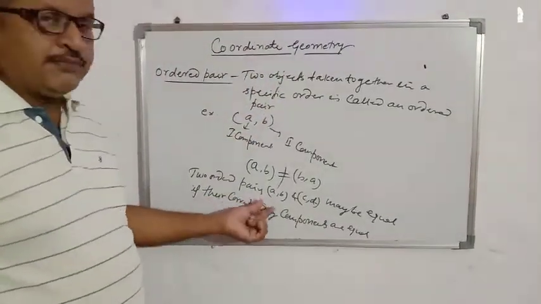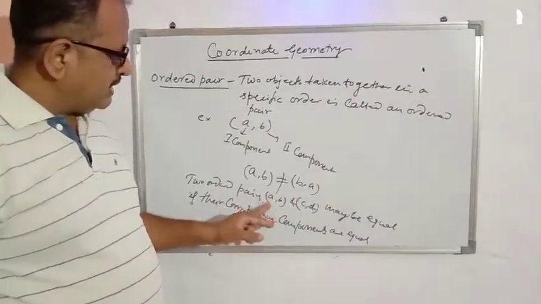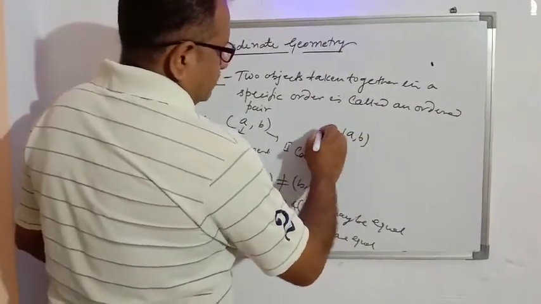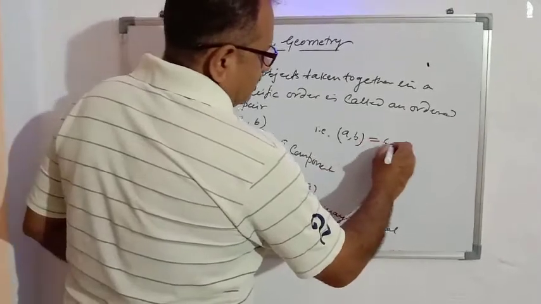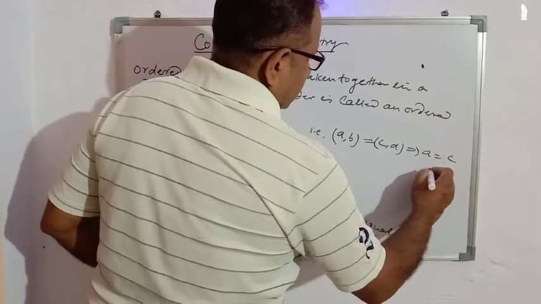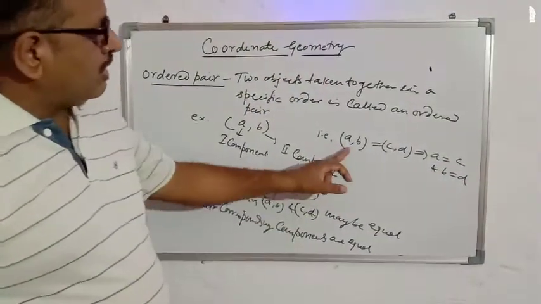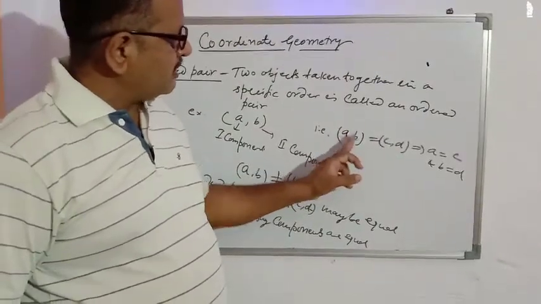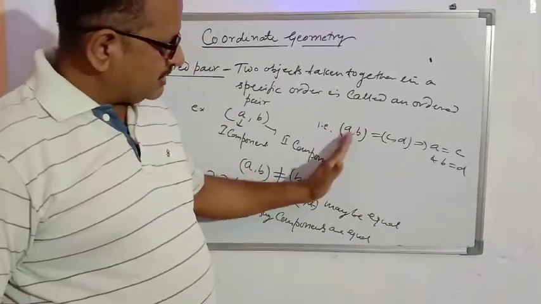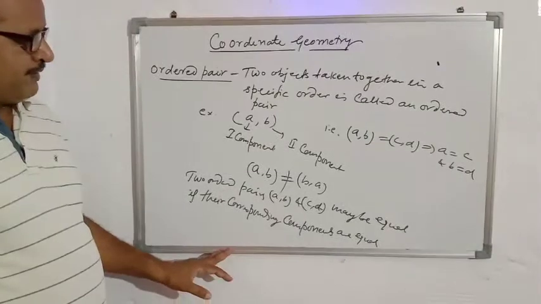So we can write: (A, B) is equal to (C, D) means A is equal to C and B is equal to D. So if two ordered pairs are equal, it means first components are equal and second components are equal. If corresponding components are equal, we can say that both the ordered pairs are equal.